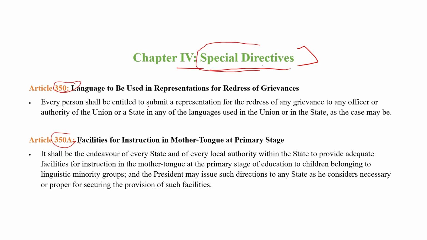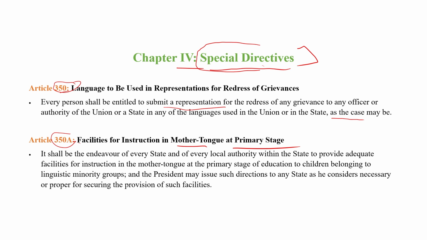Every person shall be entitled to submit a representation for redress of any grievance to any officer or authority of the Union or a state in any of the languages used in the Union or the state, as the case may be. Next, Article 350A facilitates instruction in mother tongue at the primary level.